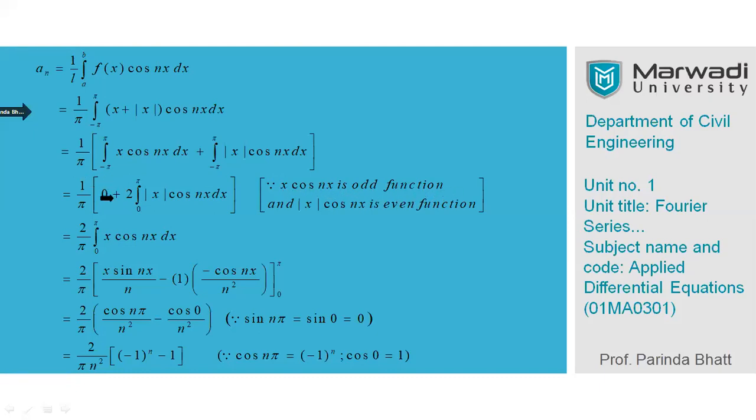Therefore the first term is 0, and that is multiplied by 2. Then apply the u dot v rule: x as it is, integration of cos nx is sine nx by n, differentiation of x is 1, giving minus cos nx by n square, from 0 to pi. Put in the limit, cos n pi, therefore minus 1 raised to n minus 1, 2 upon pi n square.